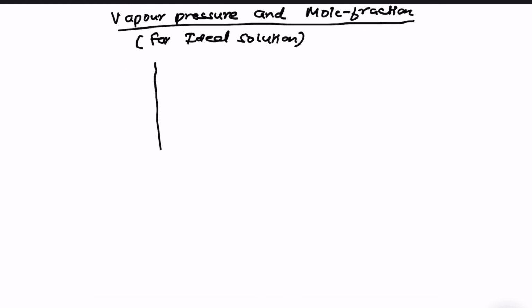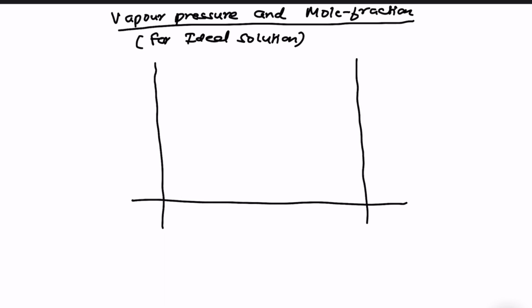Suppose this is my graph. On the y-axis, I have taken vapor pressure. On the x-axis, I have taken the mole fraction. This is again important from the examination point of view.